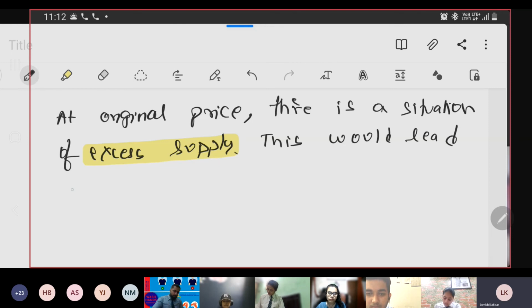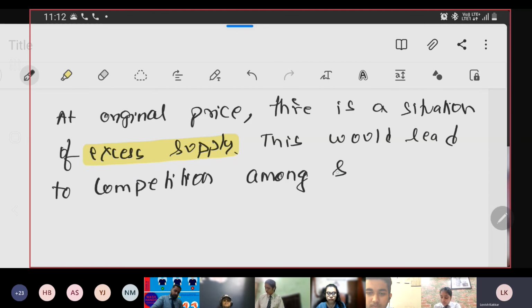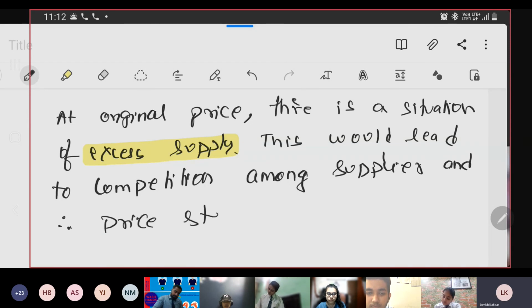This is a fixed format. This would lead to competition among producers or suppliers, and therefore price starts falling.